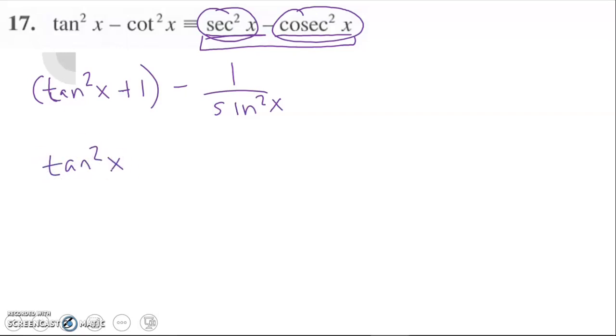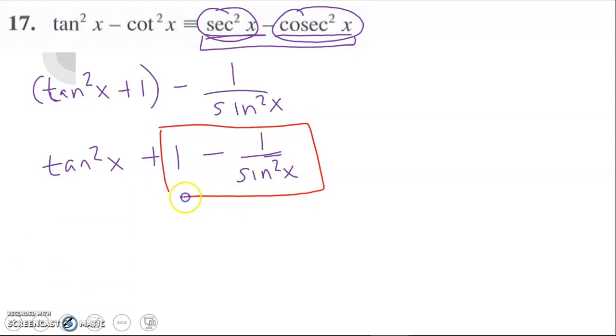I have tan squared x plus 1 minus 1 minus sine squared x. Okay? Now what I can do here is, let's add these together. Or in this case, subtract. What I can do to 1, I can change that to sine squared x over sine squared x, right? That's equivalent to 1. Okay?